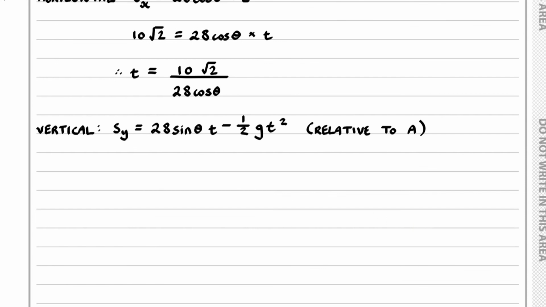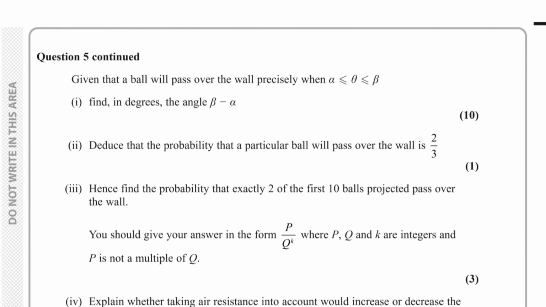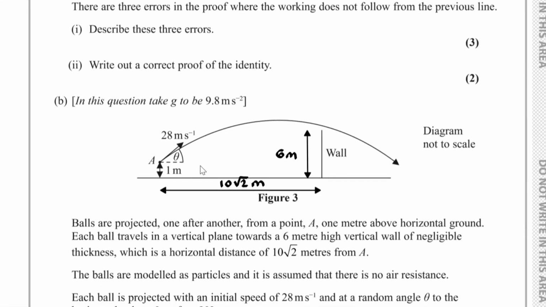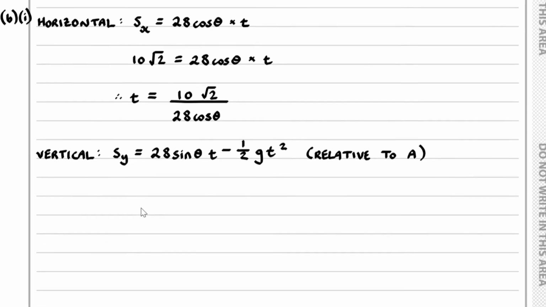Now, it will pass over the wall when the displacement is greater than 5. So from A to the top of the wall, that's 5 meters. It will pass over the wall when it's greater than 5 meters.